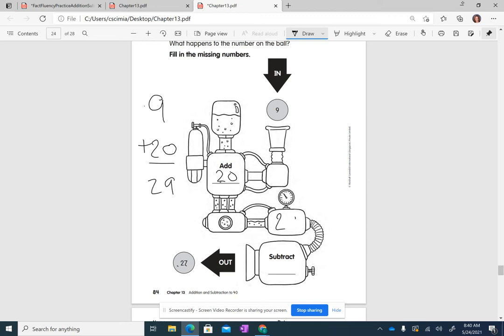So you have 29. How many are we going to subtract to get to 27? So if you're counting from 27, 28, 29, it would be 2.